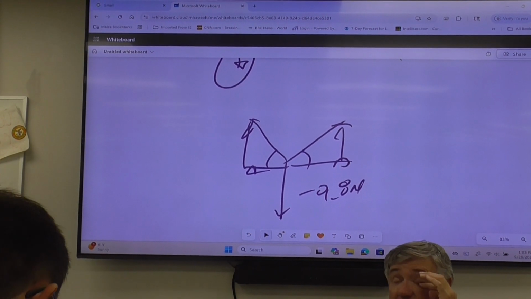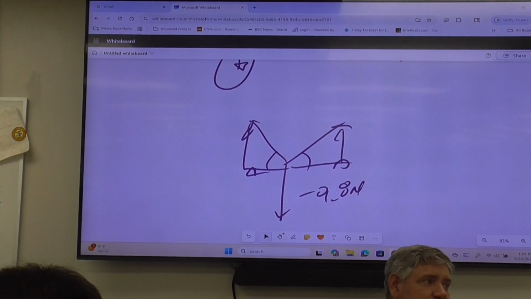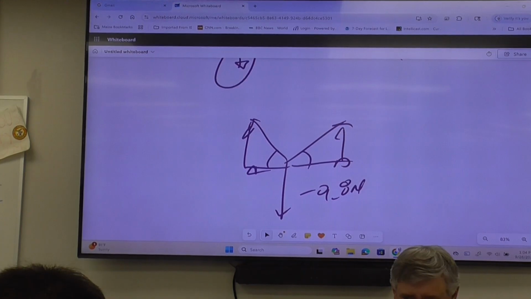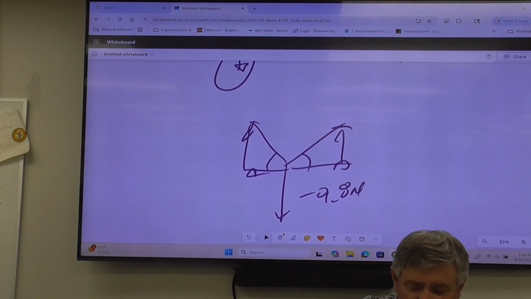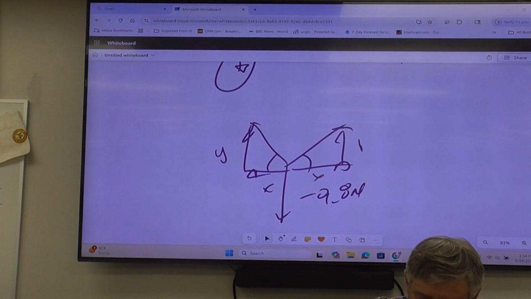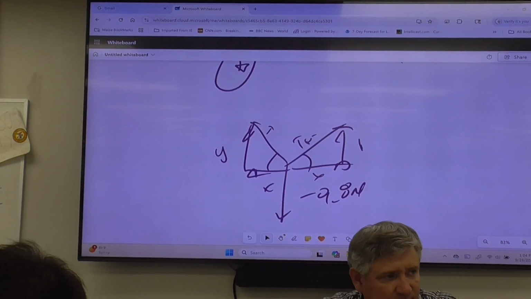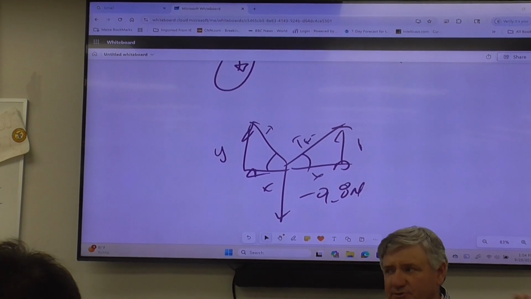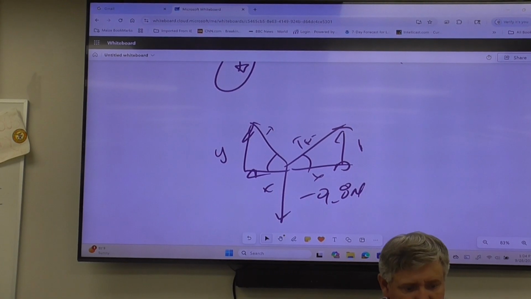On this one, you can easily just let 1 centimeter equal a newton. Makes the math pretty easy. Make sure that you have labeled them like Y, X, Y, X. If you want to call that tension, force, whatever. Just don't randomly draw them. So this is what that should look like when you get done.